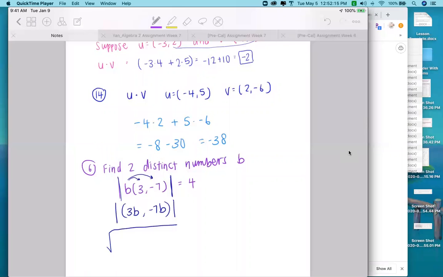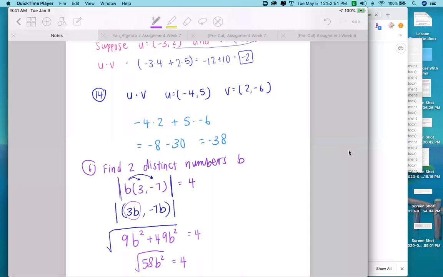Square the 3b, which would be 9b squared, because I have to do 3 times 3 and b times b. So 9b squared. How about the second part? Plus 49b squared, equals 4. Since those b squared terms are like terms, we get the square root of 58b squared equal to 4.